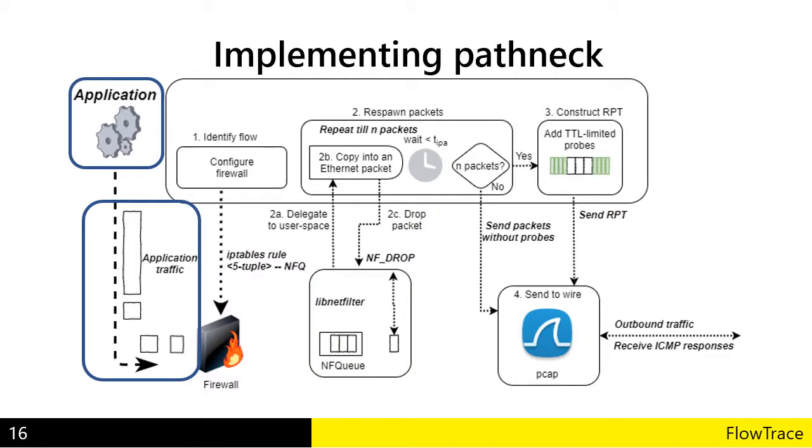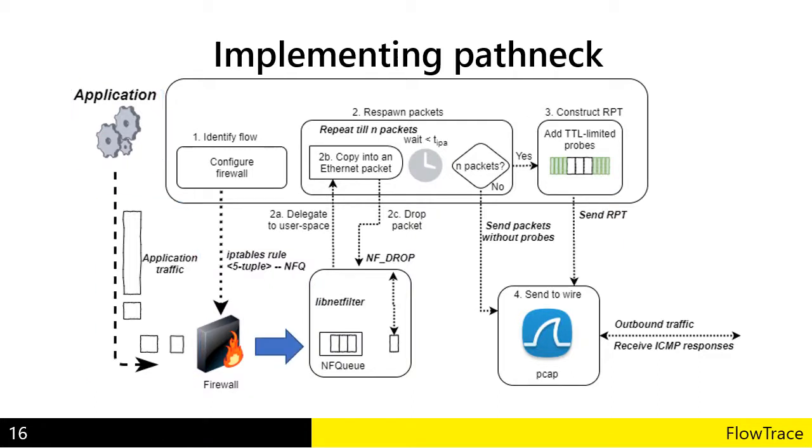Whenever the application generates traffic, it is intercepted by the firewall, and the firewall sends all these packets to the NF queue. The NF queue tells the user space program that a packet has arrived at the head of the queue. The user space program drops the packet using the verdict NF drop, and then it copies the whole Ethernet packet into user space memory.